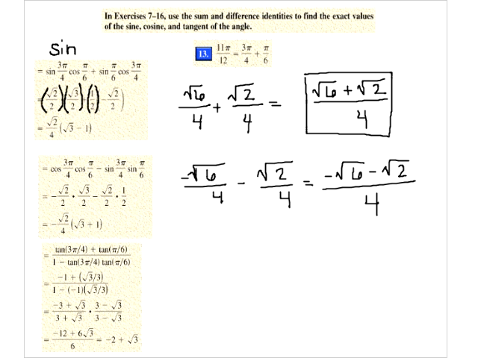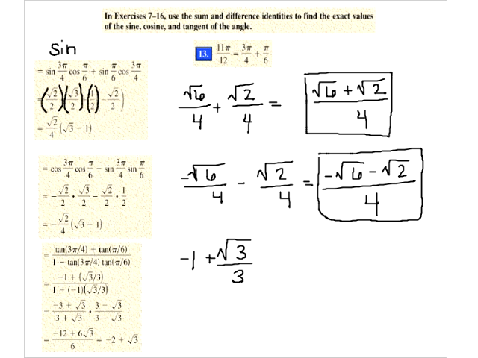Tangent's always a little bit tricky because it is dealing with a fraction in the equation itself. I get negative 1 plus square root 3 over 3, over 1 plus square root 3 over 3. Once we get common denominators, and I'll do this one real quick to refresh your memory on how to do so, I'm going to rewrite negative 1 as 3 over 3.